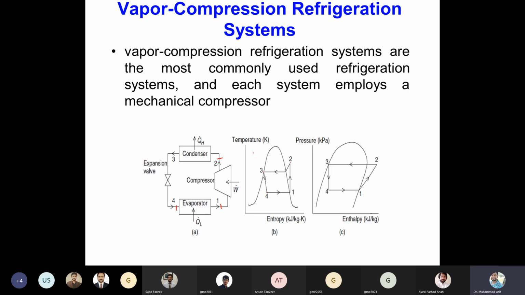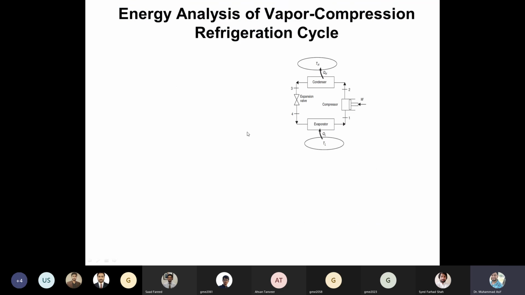This is the PH diagram and this is the TS diagram. By using the energy analysis of the vapor compression refrigeration system, we can calculate the amount of work input required for the compressor.